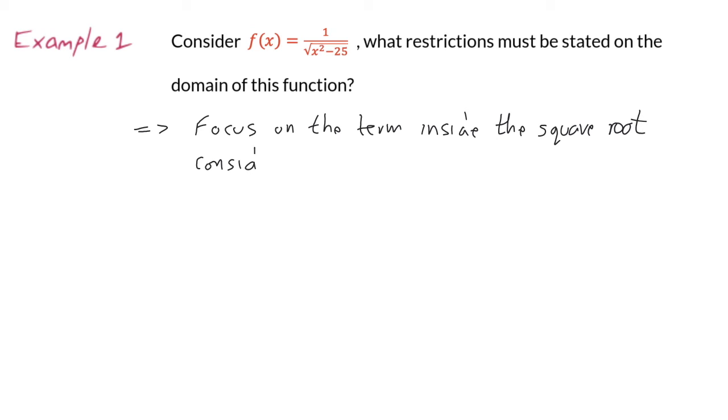First of all, we'll consider the fact that x squared minus 25 cannot be 0. So I'll write that down, that x squared minus 25 must not equal 0. And we'll solve that. We know that that means that x squared cannot equal 25.